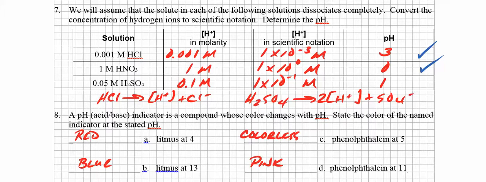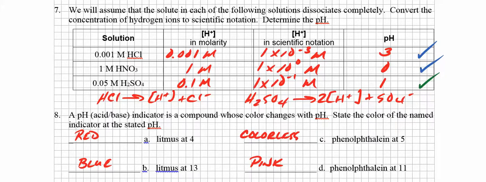It's a spectator ion in this case. But the point is, I'm getting 2 hydrogen ions for every 1 H2SO4 molecule. And therefore, I'm going to double the concentration of the H plus from what the concentration of the H2SO4 was, so I get 0.1. In scientific notation, that is going to be 1 times 10 to the minus 1, and so the pH is going to be 1 for that.